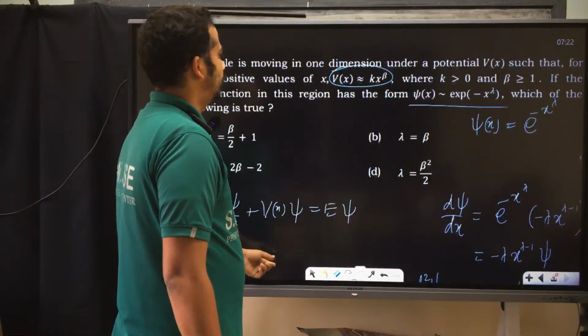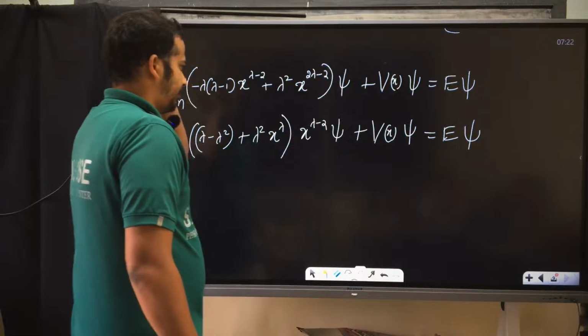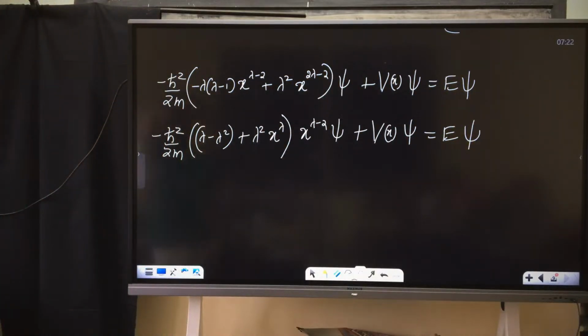For large x, v of x is nearly equal to kx power beta. How do you do the large x approximation?